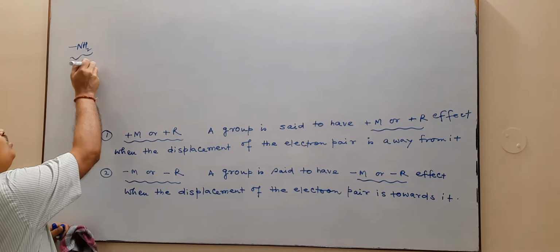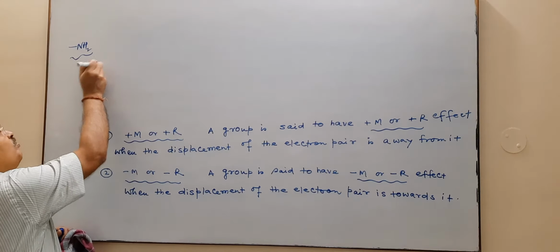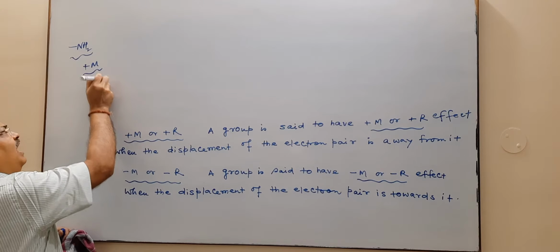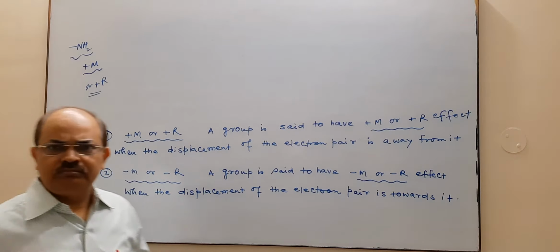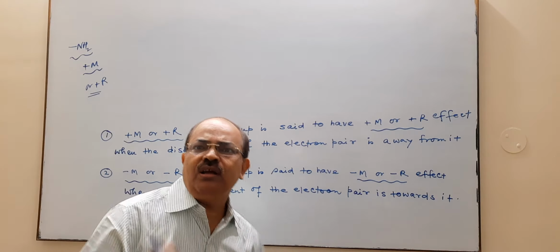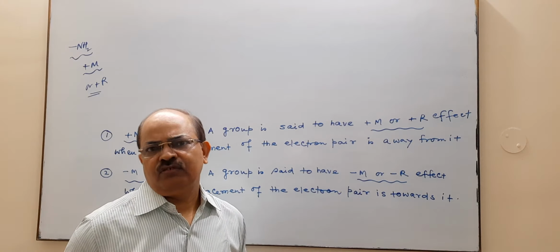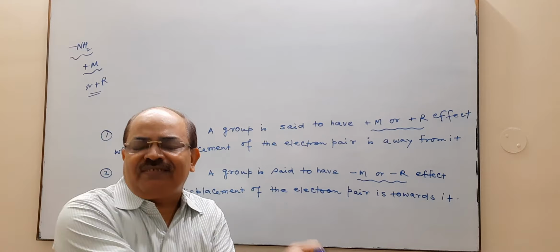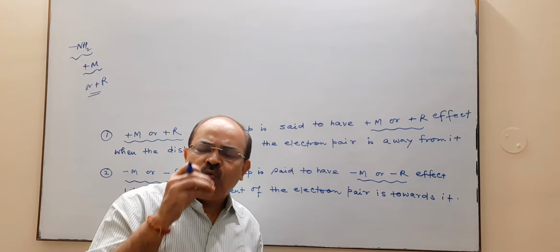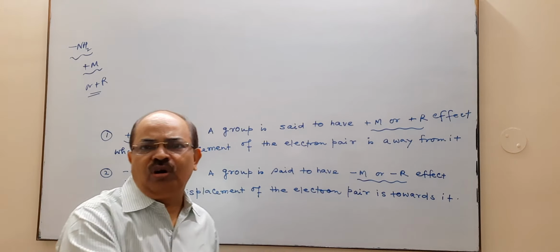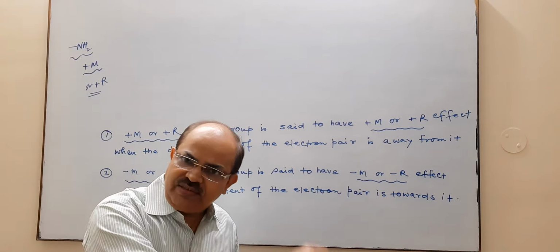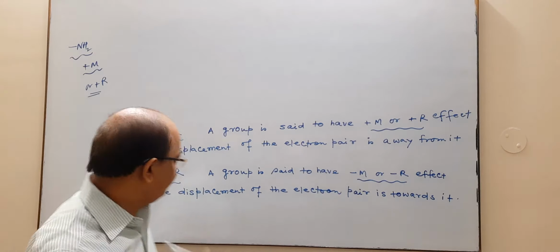So this amino group is of plus M or plus R character. So how it is of plus M or plus R character, and why it will generate your plus M or plus R effect? आइए इसको देखते हैं.